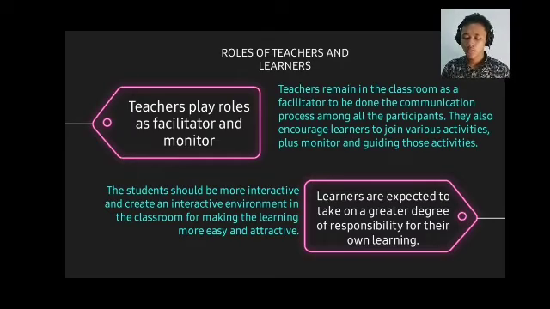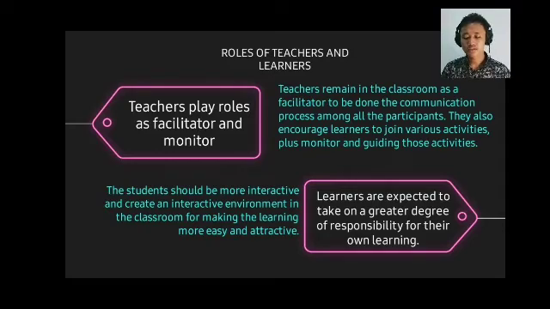Okay, now we will talk about the roles of teachers and learners. Teachers play a role as facilitator and monitor. Teachers remain in the classroom as a facilitator of the communication process among all the participants.